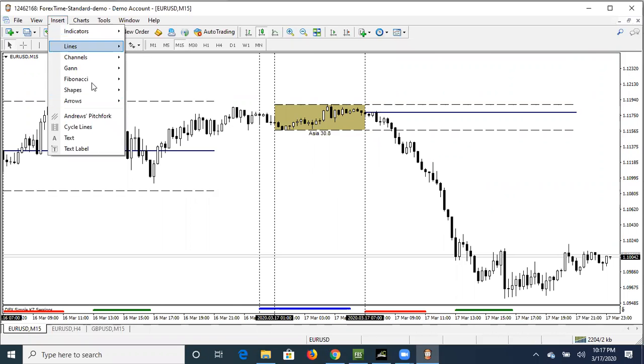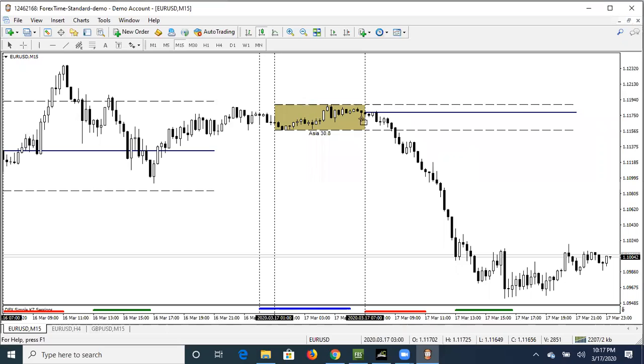So go to insert, insert shapes. This was the last bearish candle. Can you see that? This candle that looks like a doji right here was the last bearish candle before the high that created the Asian high.